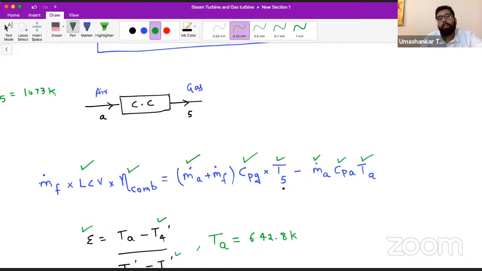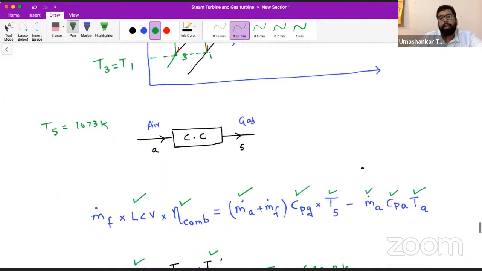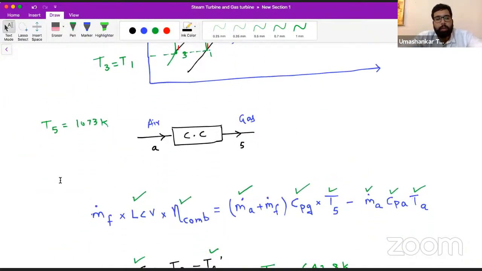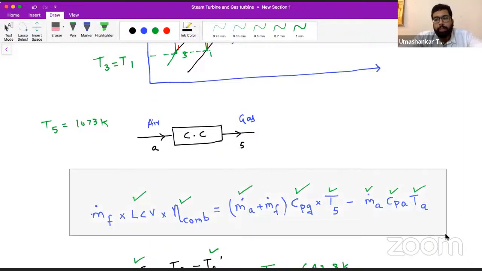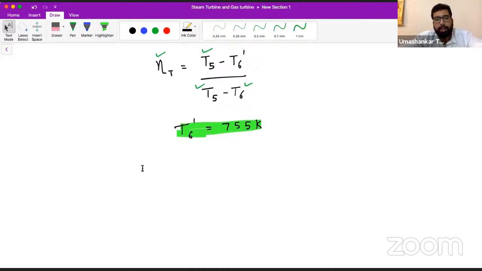If I remove this red tick now, you have this value, and from here you can calculate the mass flow rate. I am copying this equation and bringing it here.